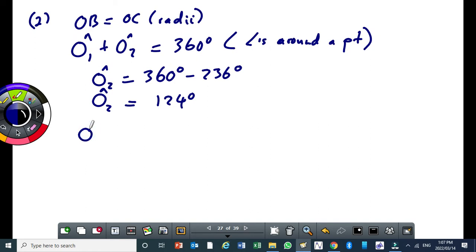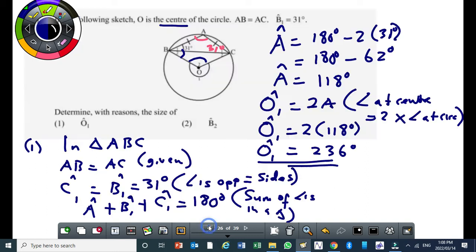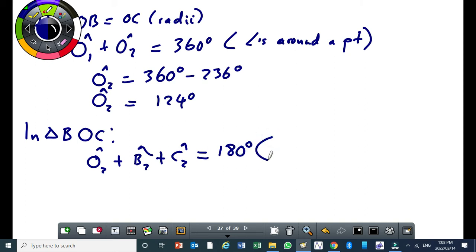Let me identify the triangle first. In triangle BOC, angle O2 plus B2 plus C2 give me 180 degrees. And the reason is sum of angles in a triangle.